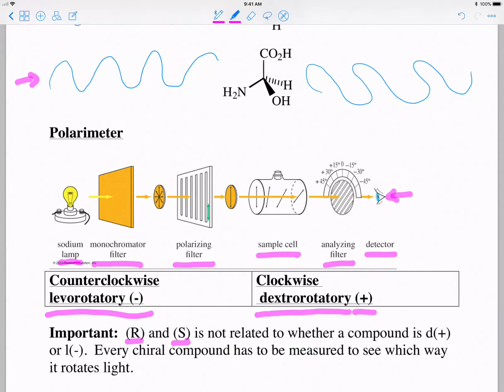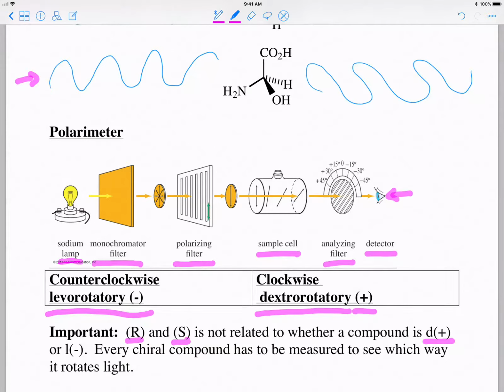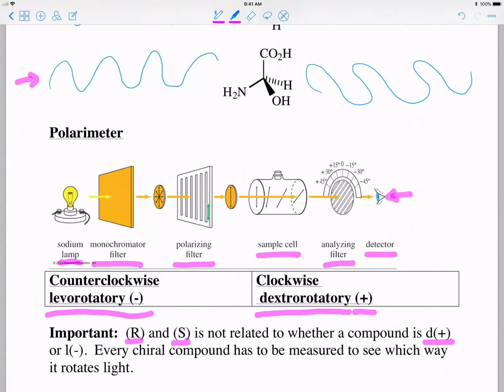So each compound has to be determined experimentally. The second thing I wanted to get at is sometimes we also abbreviate dextrorotatory with a small d, or we can use the positive sign for how it rotates light, or levorotatory with a small l, or the negative.